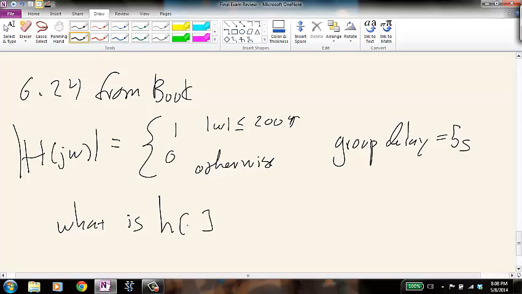So this is what we're trying to find. Given these two pieces of information, we have the magnitude, and we know the group delay is 5, and we also know when it is real. So now we need to find the impulse response from this information.